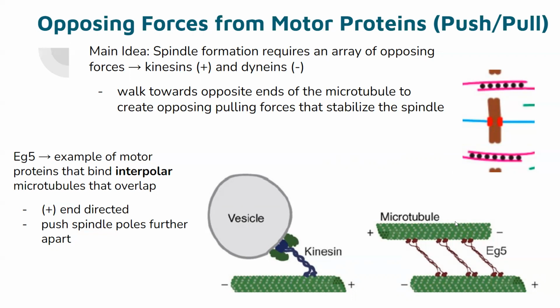And each microtubule is anti-parallel like DNA. And so because of that, they're going to be pushing apart from each other as they're walking towards the plus end of each one.